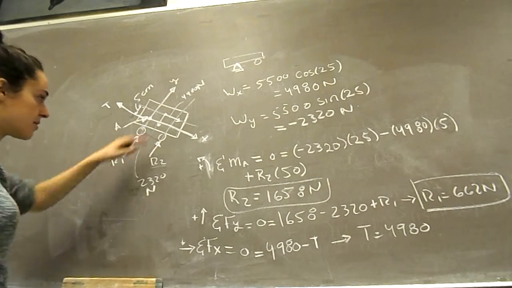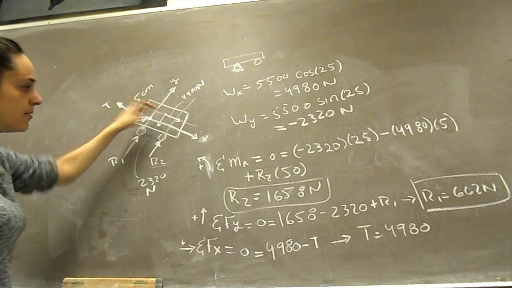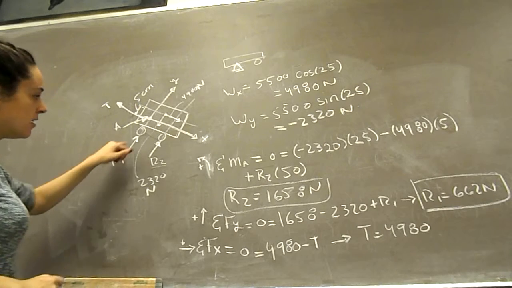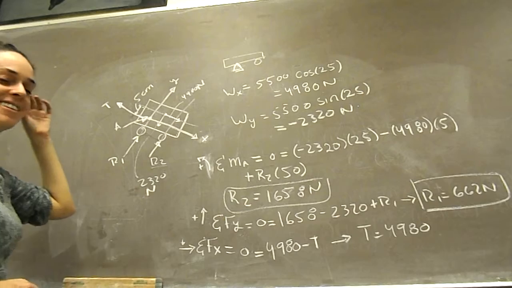The center of gravity is right here, the center of mass. As long as you have uniform density, your center of mass and your center of gravity are the same thing. Or center of area, sorry.